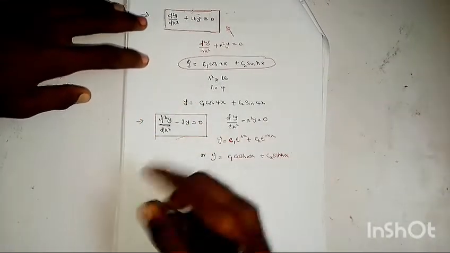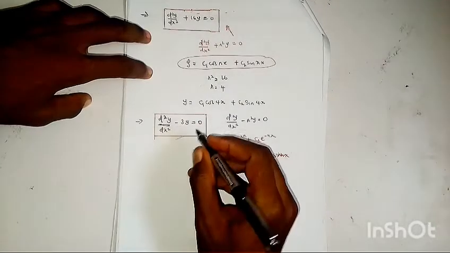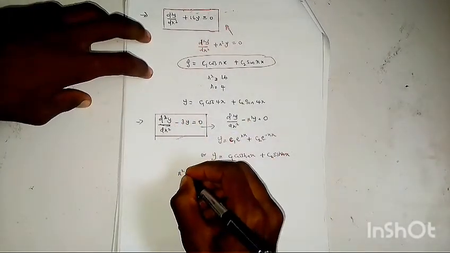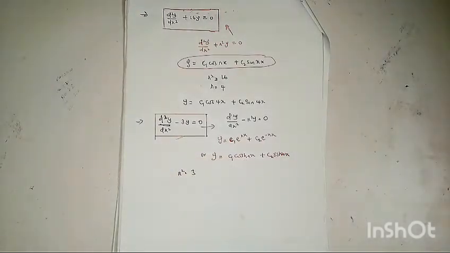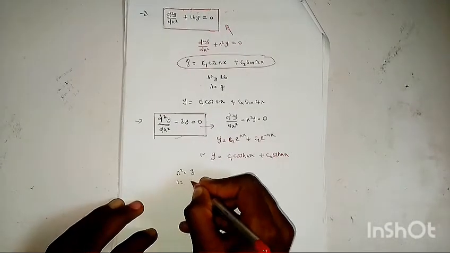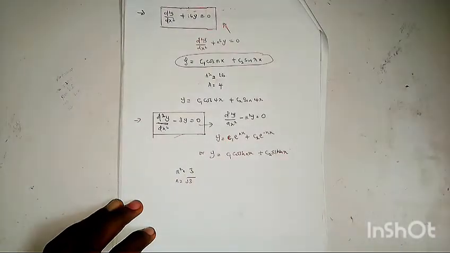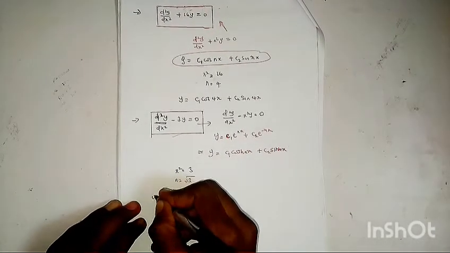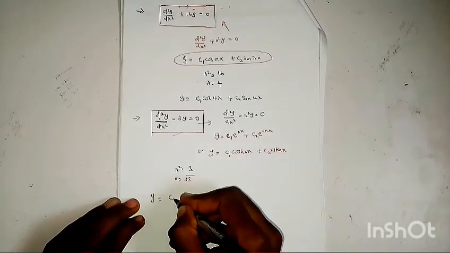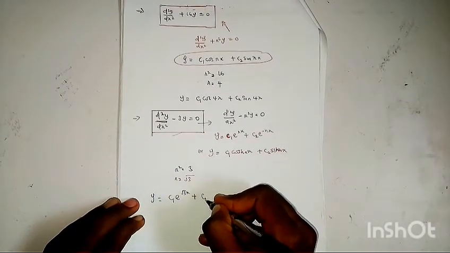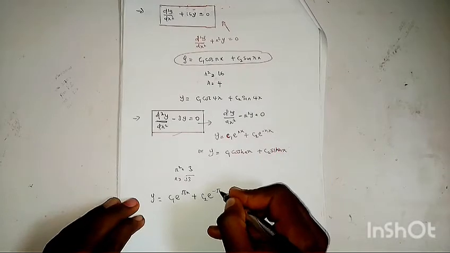So let's compare it to the equation we have. Now comparing this to this, what's my n square? My n square is equal to 3, right? So since my n square is equal to 3, my n becomes root 3. So substituting in the equation, my solution to this form of differential equation becomes c1 exponential root 3 x plus c2 exponential minus root 3 x.